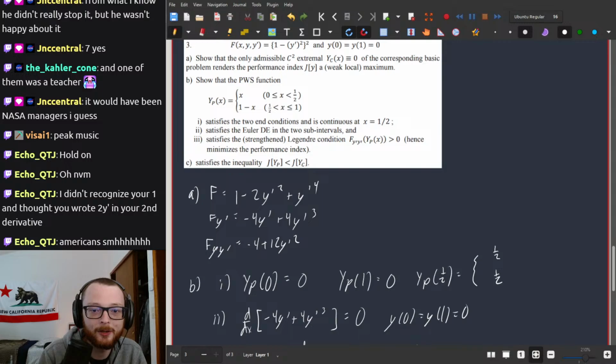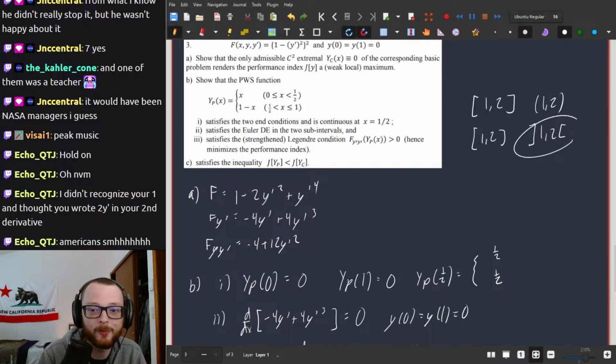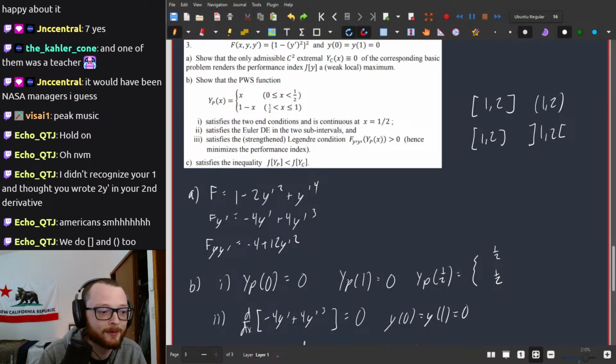Americans might write brackets for closed and parentheses for open. And I think in Europe, closed is the same, but then open looks like this. And I think this is the most stupid looking thing ever. Oh, really? Maybe it's different countries in Europe.